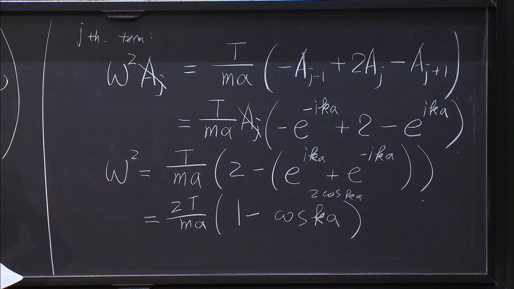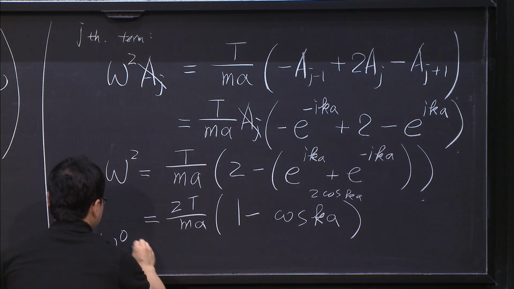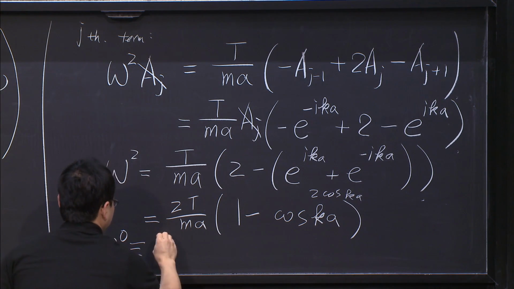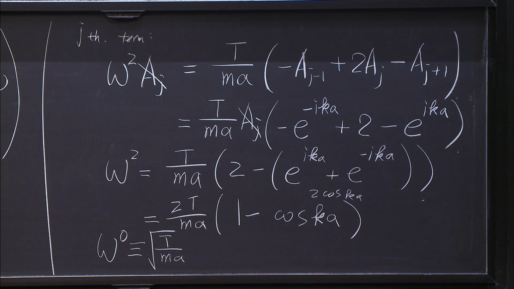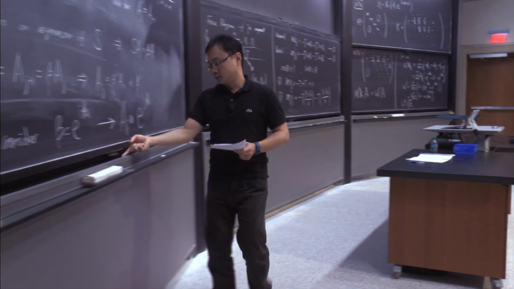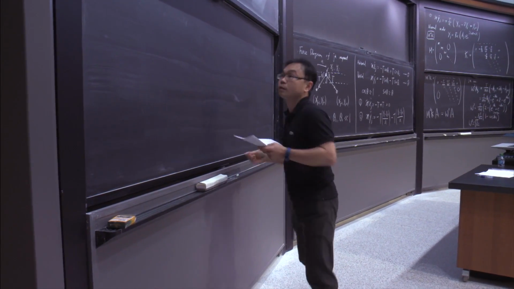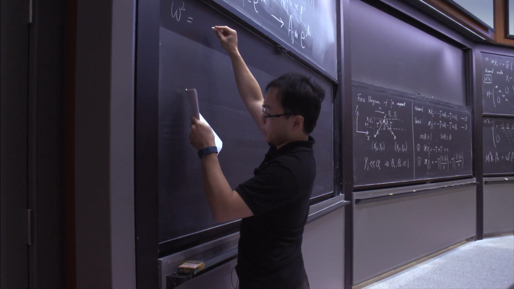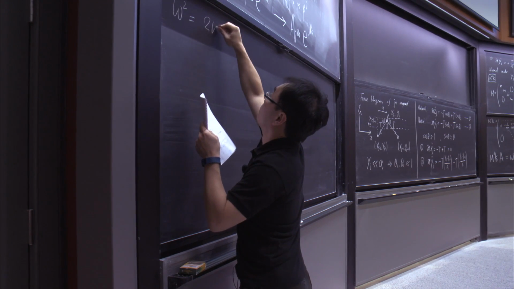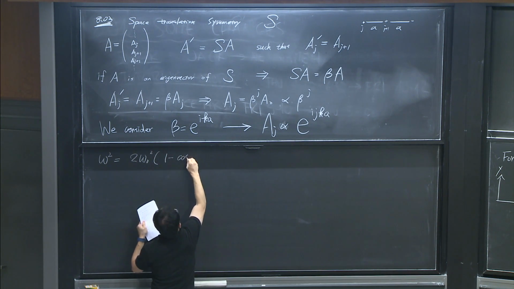I define omega 0 to be square root of T over MA, just to make my life easier. Then I will have omega squared equal to 2 omega 0 squared times (1 minus cosine ka).